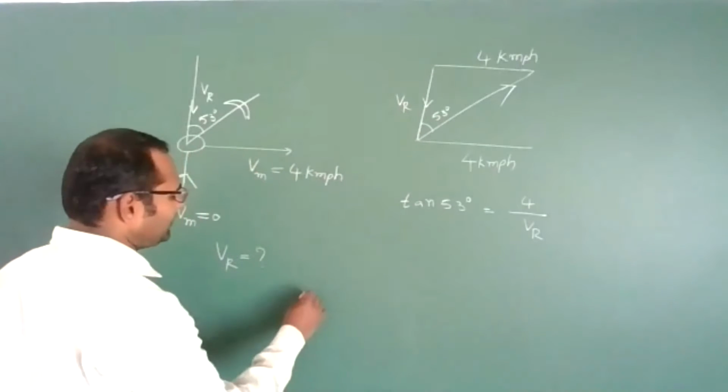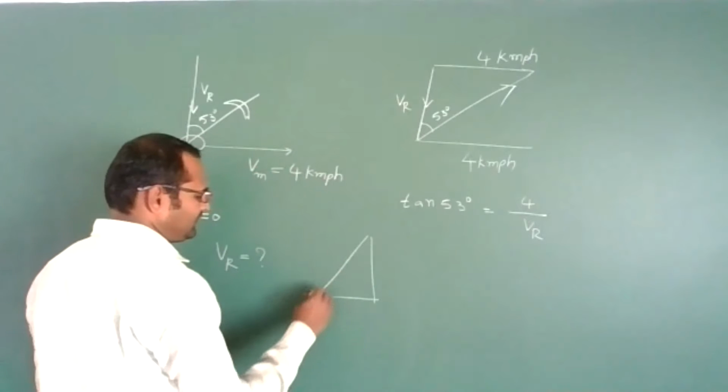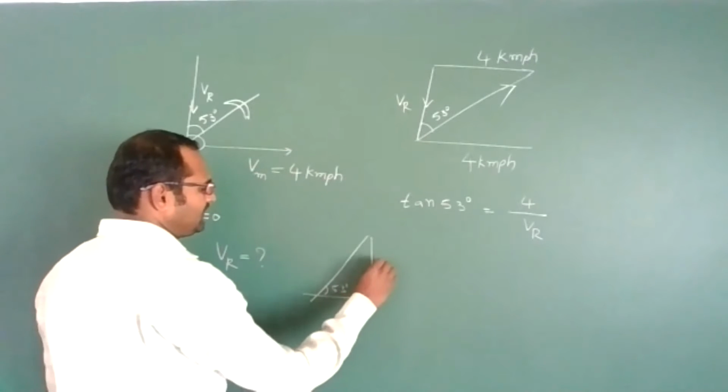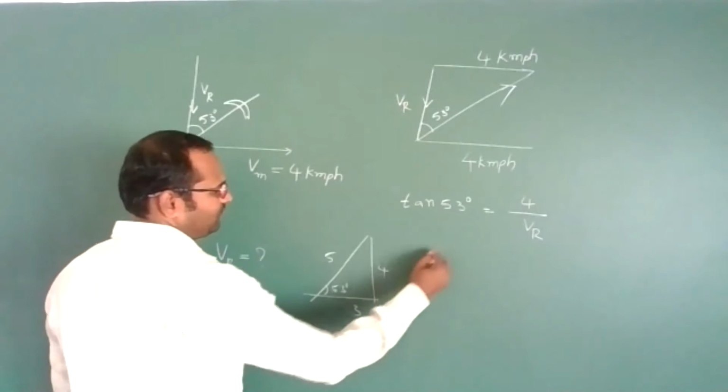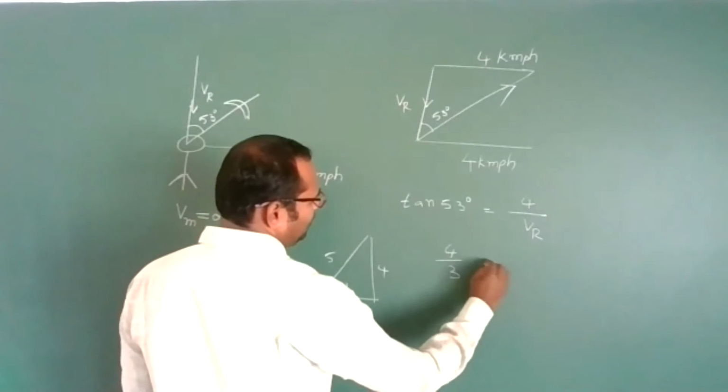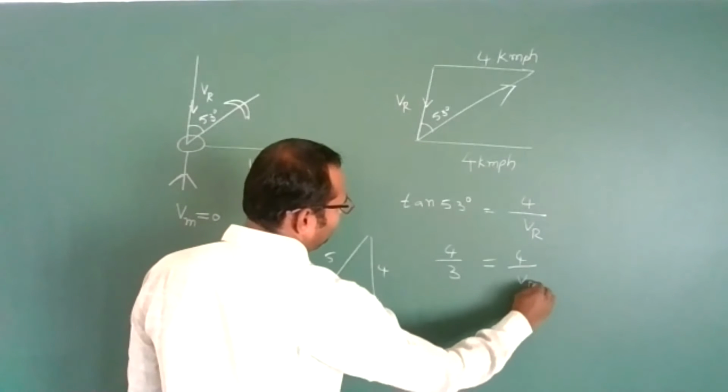But we know tan 53. If the angle is 53 degrees, then the sides will be 4, 3 and 5. Tan 53 is 4 by 3. So 4 by 3 equals 4 by VR.